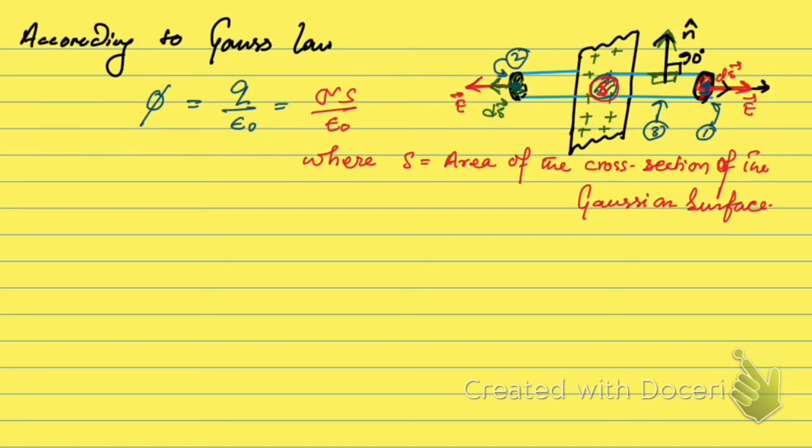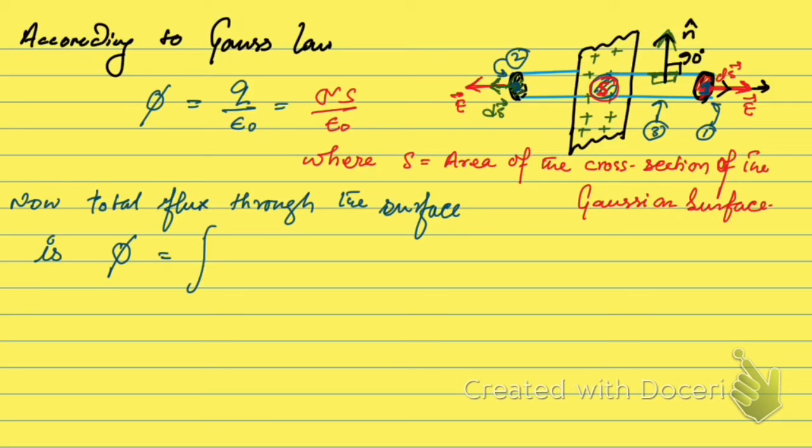Now we know flux through a surface can also be calculated like this: total flux through the surface, phi, is equal to the surface integral of E dot ds, right?